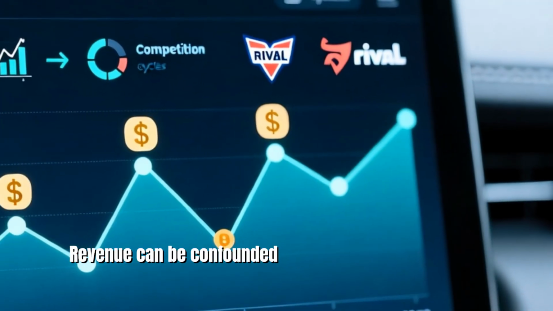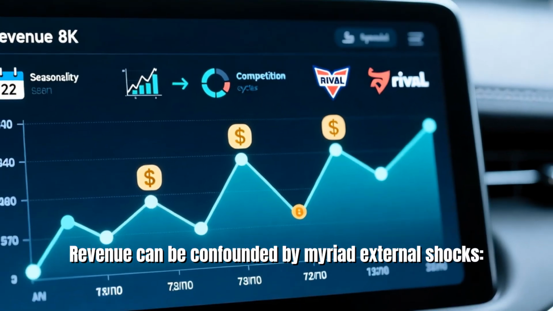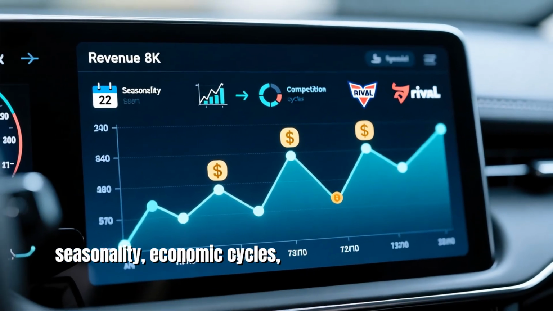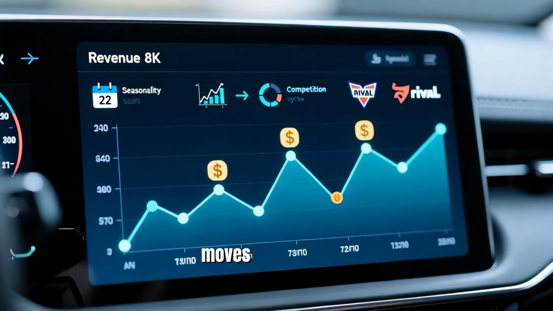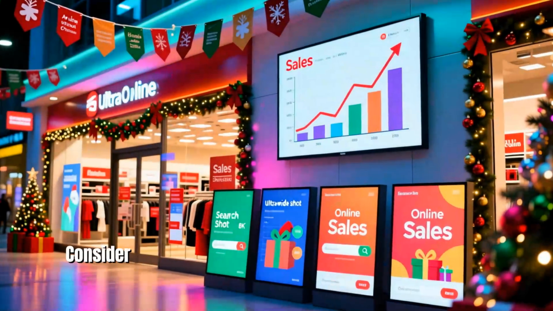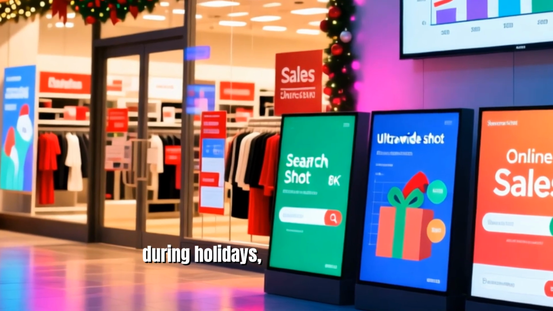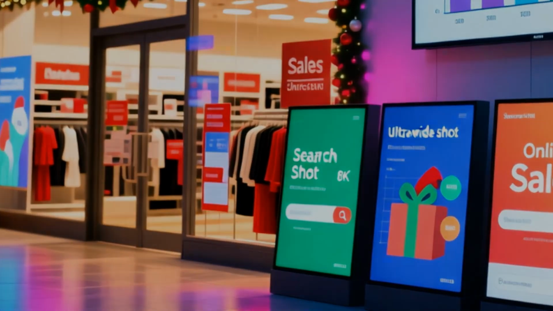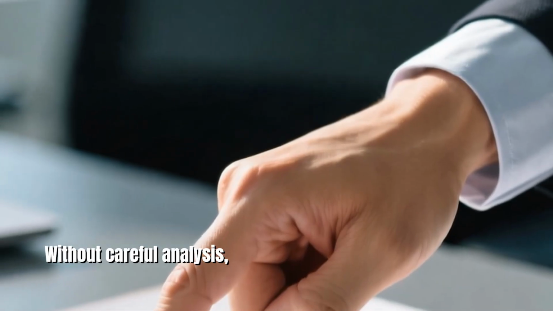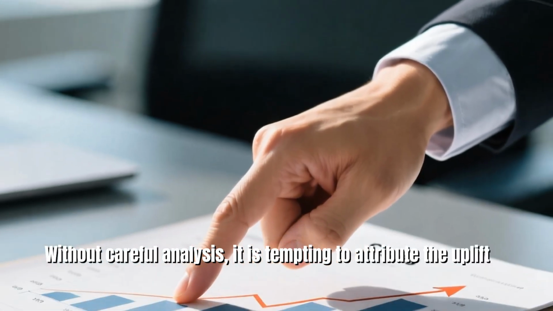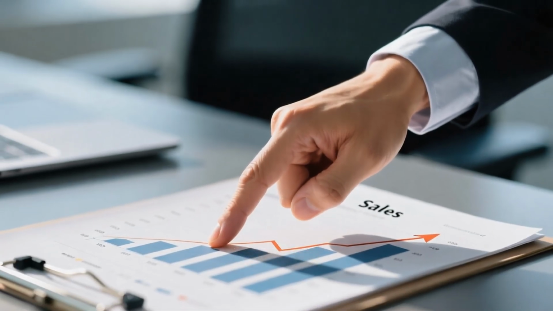Revenue can be confounded by myriad external shocks, seasonality, economic cycles, or simultaneous competitive moves among them. Consider the archetype. Search advertising is ramped up during holidays and sales increase. Without careful analysis, it is tempting to attribute the uplift to advertising.